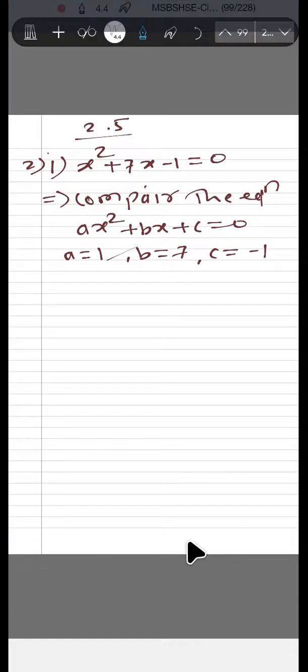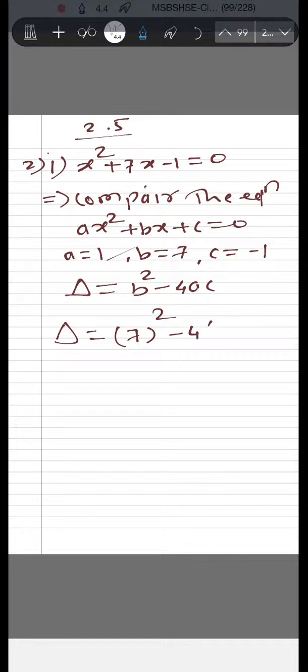The discriminant is b square minus 4ac, which is 7 square minus 4 into 1 into minus 1. So 7 square is 49, minus 4 into minus 1 is plus 4, which is equal to 53. That's it, this is how you solve for the discriminant value.